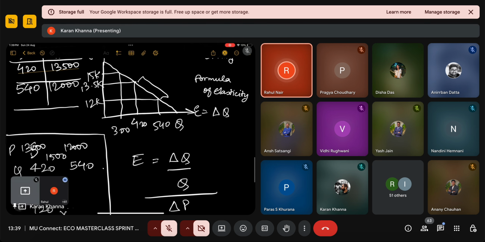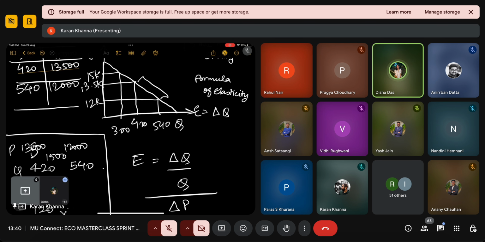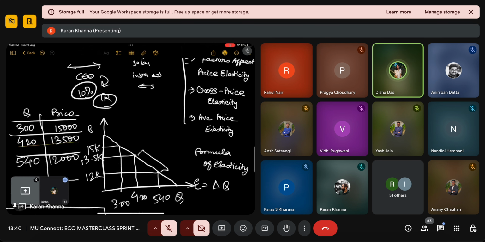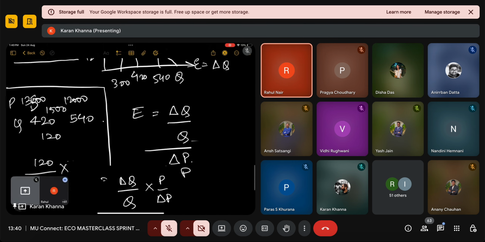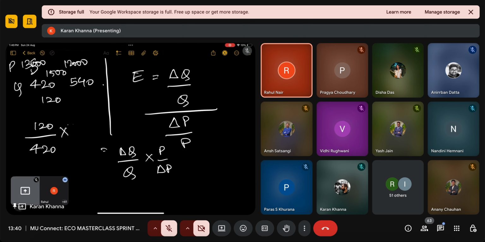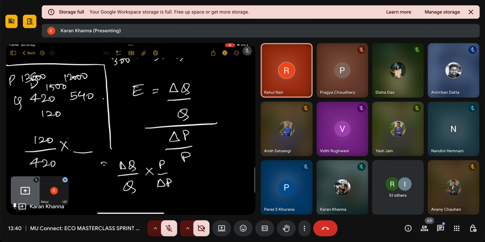So we can take either 420 or 540. I'm assuming that we are already at 420 and 13.5K, and we are reducing the price to 12,000. That's what this is saying, let's try to reduce the price. So multiplied by price. The change in price is 1,500, and the initial price is 13,500.